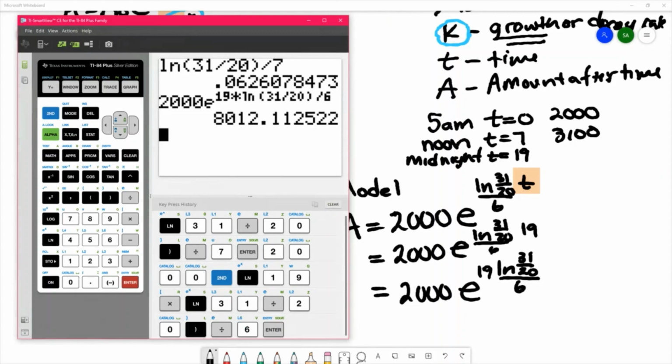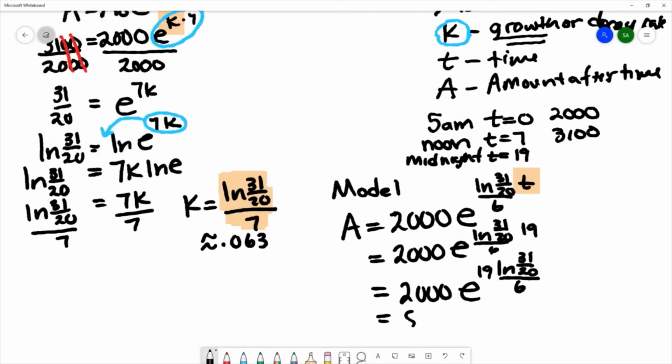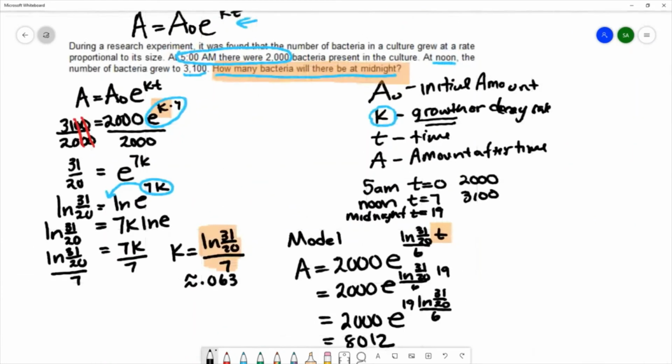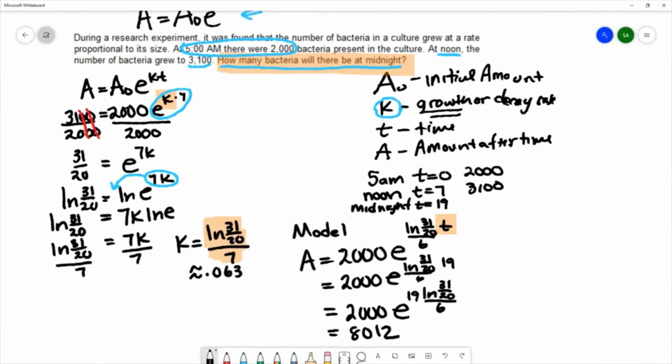So after 19 hours, we will have 8,012 bacteria. We'll round to the nearest whole number. So at midnight, there will be 8,012 bacteria present.